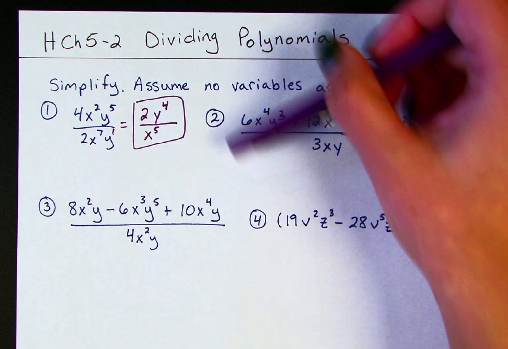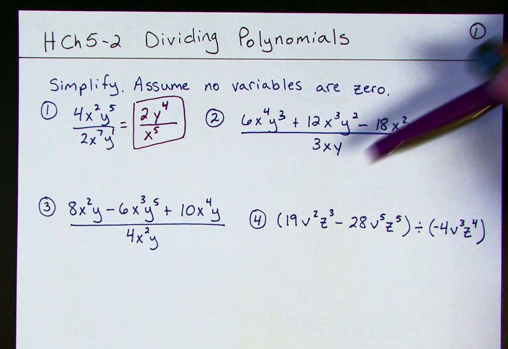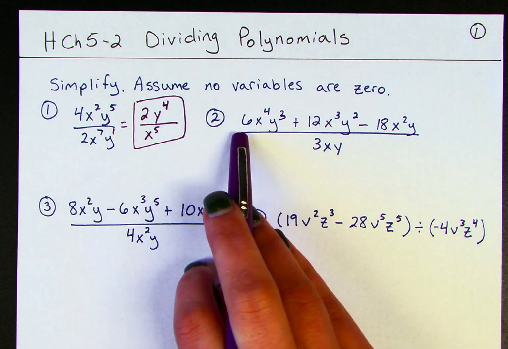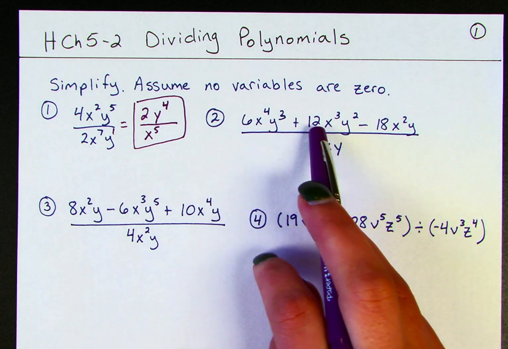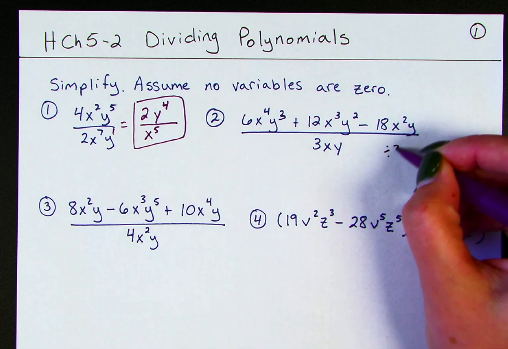So as I'm looking at this problem, there are 4 total terms. So we have 3 in the top and then 1 in the denominator. So if I'm going to simplify this as a whole, I have to divide the same thing out of every single term. So as I'm looking at my numbers, I have 6, 12, 18, and 3. Those are all divisible by 3.